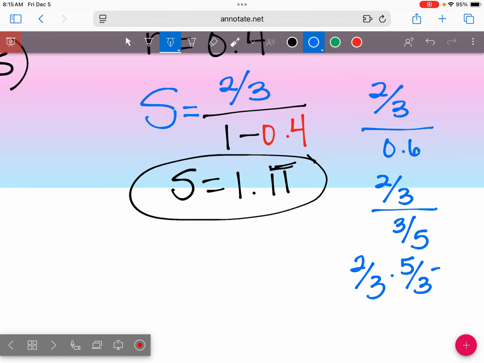And that's going to give you 10 over 6. Sorry, 10 over 9. So you would have to know how to convert a decimal to a fraction and how to divide a fraction. But yeah. All right, let's look at part C.